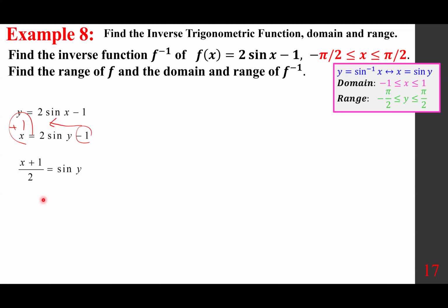Sine inverse of x plus 1 over 2 is y. Practically we're done. Y, or f inverse, is sine inverse of x plus 1 over 2. We are done for the first part. We found the inverse function.